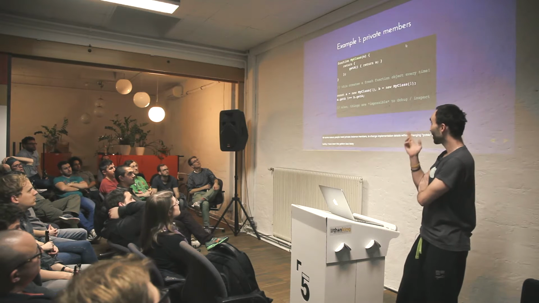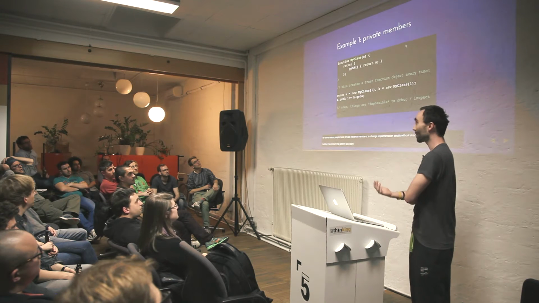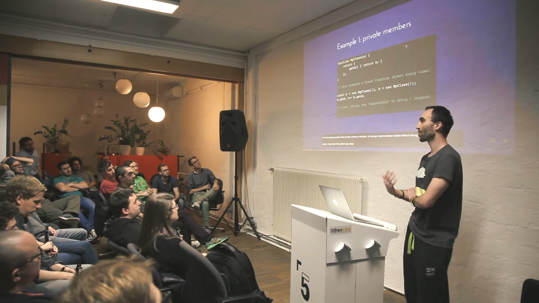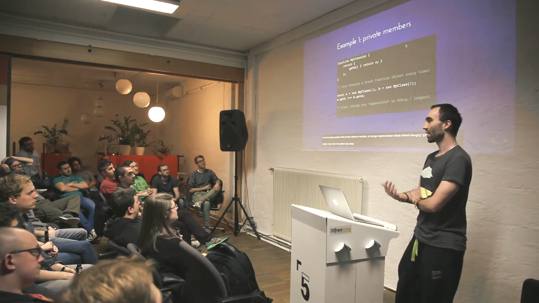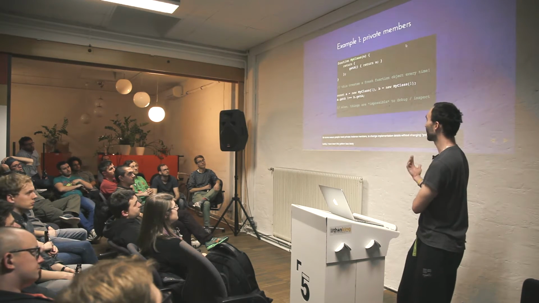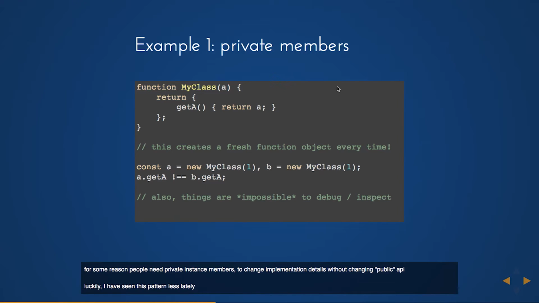This is a pattern that was kind of popular some time ago. Fortunately, it is not anymore. JavaScript as a language does not have private instance members, so there are a few things you can do to emulate privates. One pattern is a constructor function which does not manipulate this, but returns an object.